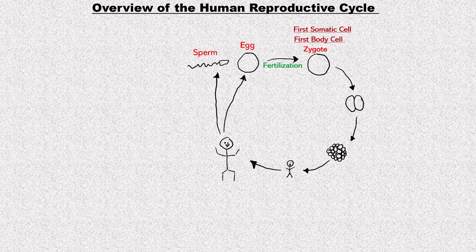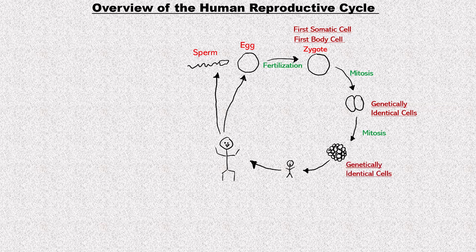That body cell, the zygote, is going to divide by mitosis, as all body cells do. And it's going to create genetically identical cells. Those two cells, that's your whole body right now, are going to divide by mitosis to make a ball of cells called a morula.